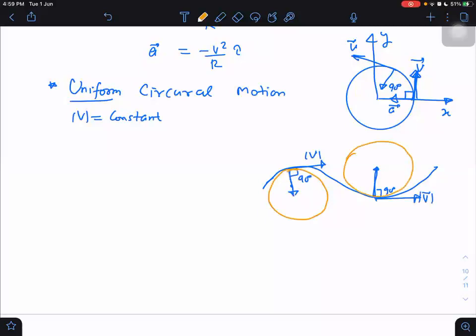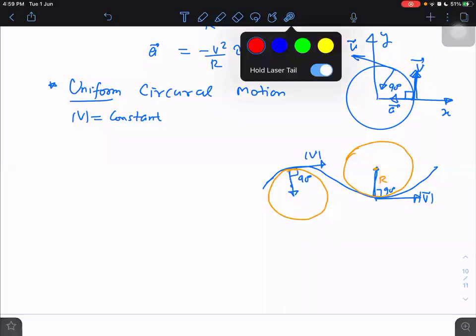When there is no circular motion, I will say it is a local radius of curvature. Means if I assume that it is a part of a big circle, and here it is also part of some circle, what would the radius of that circle be? If somebody knows that the radius is r1 here and r2 there, then acceleration here will be v square by r1, and there it will be v square by r2.